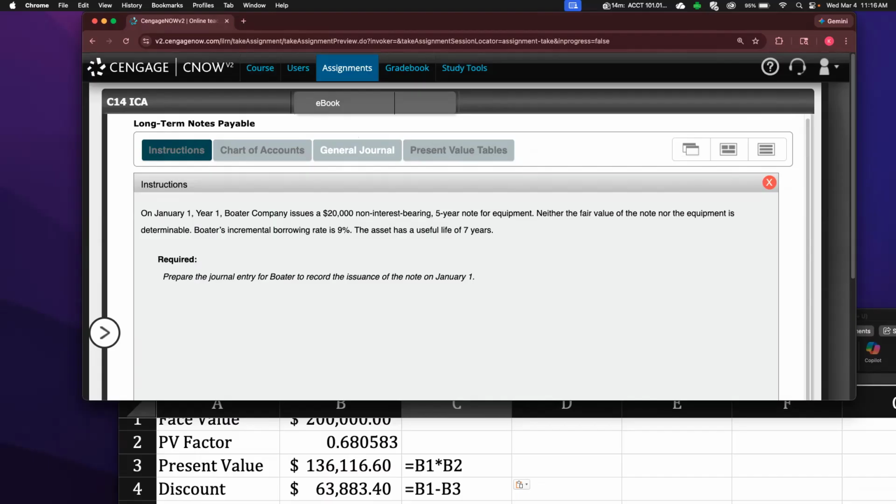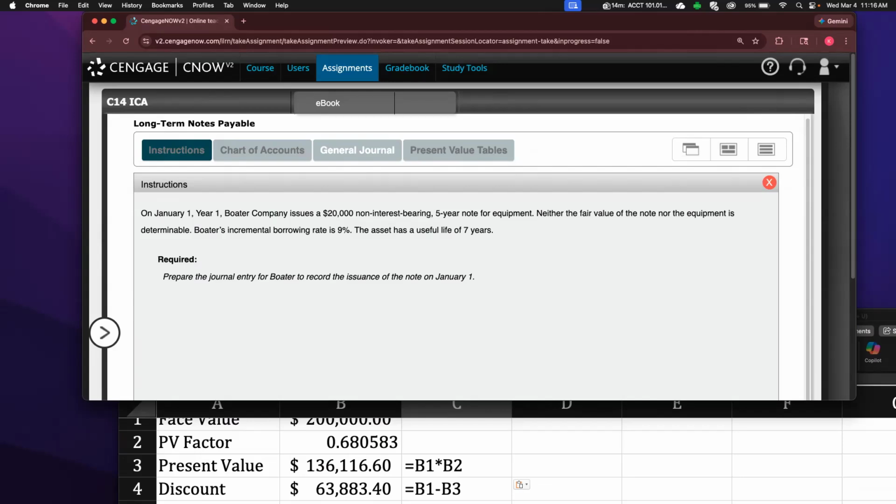So we're buying equipment, signing a non-interest bearing note for $20,000. Even though the note says no interest, there is interest economically. Voter is getting the equipment now and paying later. So GAAP says to record the note and the asset at present value using the incremental borrowing rate. It's a 5-year note. Even though it has a useful life of 7 years, it's still a 5-year note.